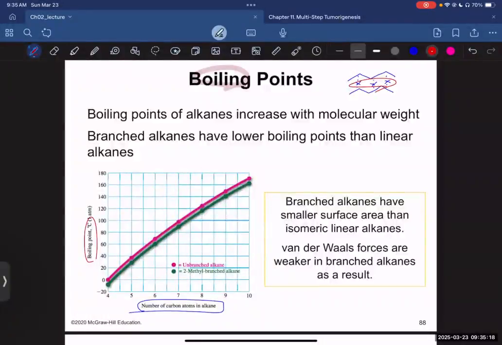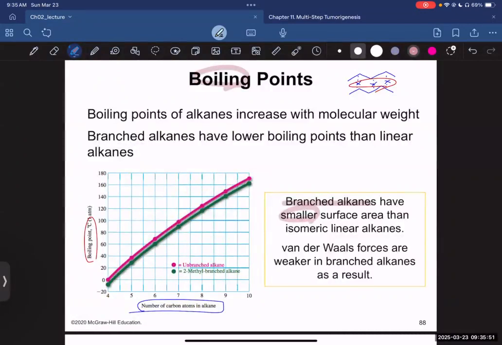Now, when we talk about this with regards to surface area, it's basically this. If we have a higher surface area, then they have much more area to undergo these van der Waals interactions. Which means those alkanes that have branches or substituents coming off of them have an overall surface area that is a lot smaller than those that don't have any branching.